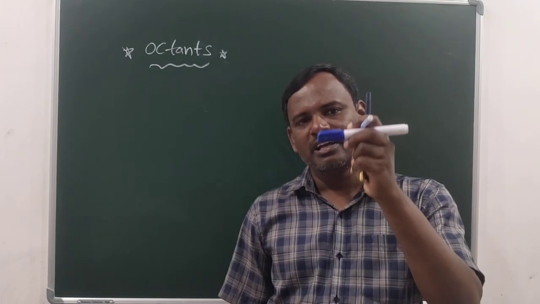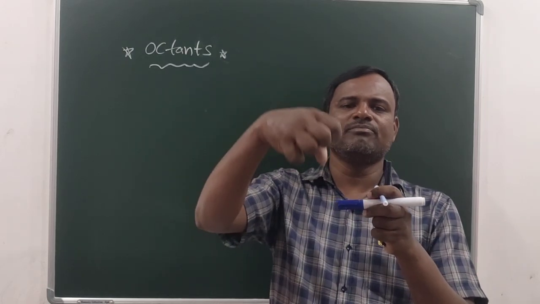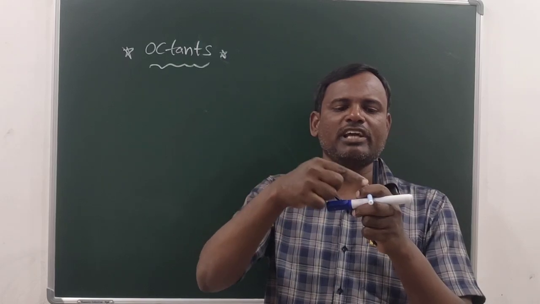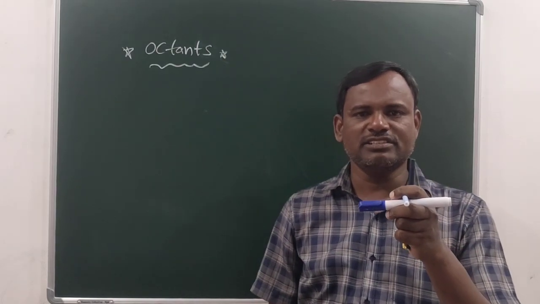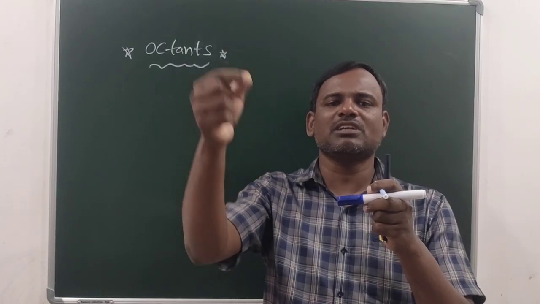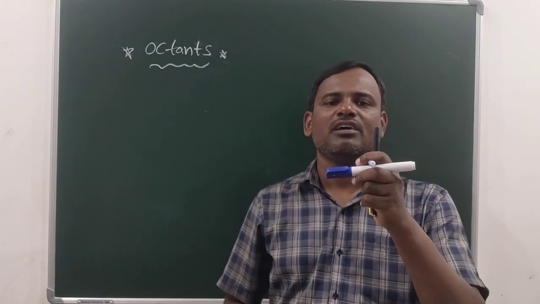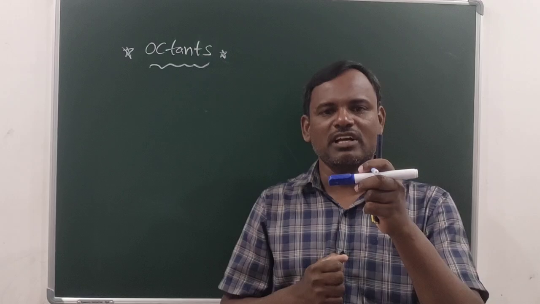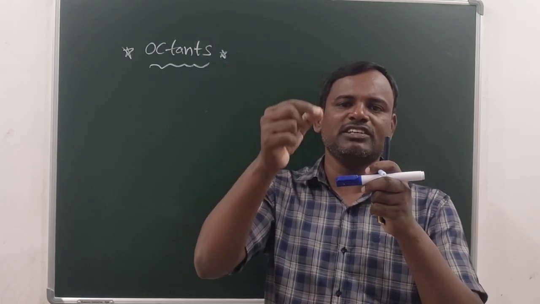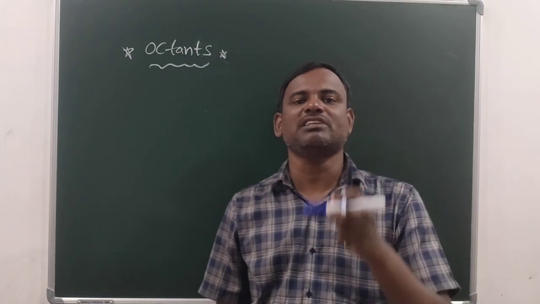In the same manner, in the 3D coordinate system, this is the space bounded by the positive x-axis, positive y-axis, positive z-axis. This is the first octant. Hence, if a point belongs to this octant, it will get plus, plus, plus signs.